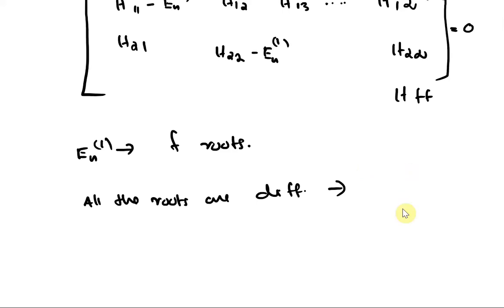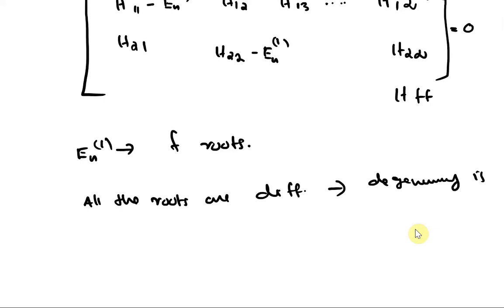Energy E_n is going to be E_n^0 plus lambda into that quantity, and all the energy levels will be different, and the degeneracy is completely lifted.